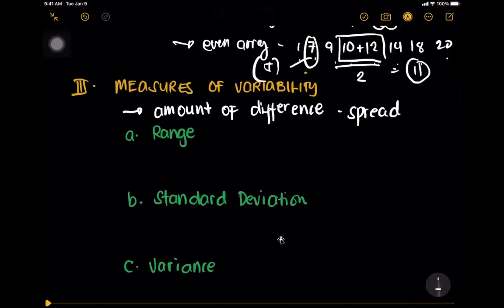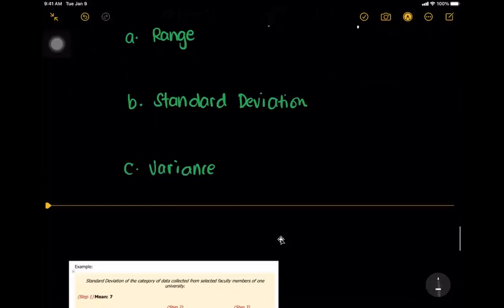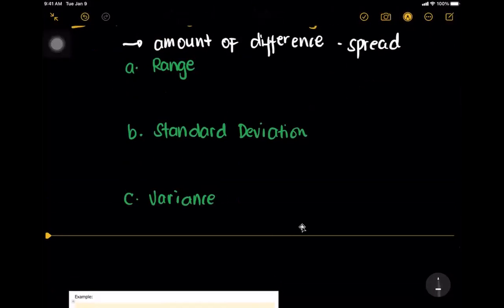Now, this could be identified by three components: your range, your standard deviation, and your variance. So how do we do this? Your range is the difference between your highest and the lowest score. You identify the highest score, and then you deduct your lowest score, and that's your range.